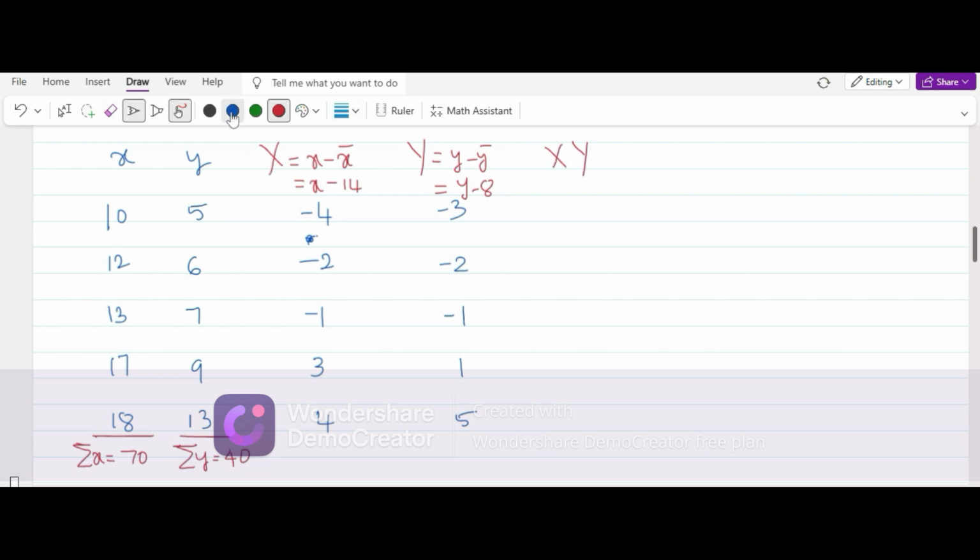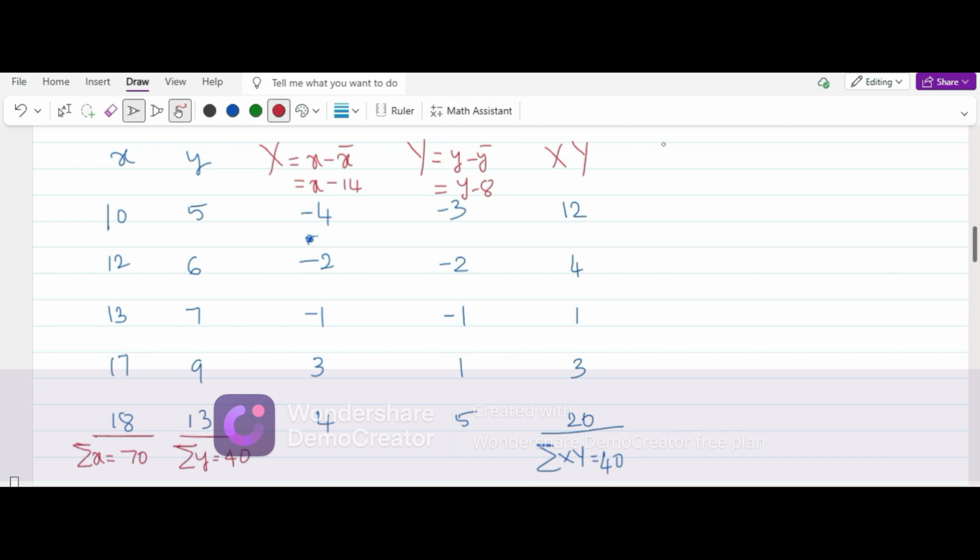It is 4 3s are 12, 2 2s are 4, minus 1 into minus 1 is 1, 3 into 1 is 3, and 5 4s are 20. We need the sum of values of x into y, which is 40.